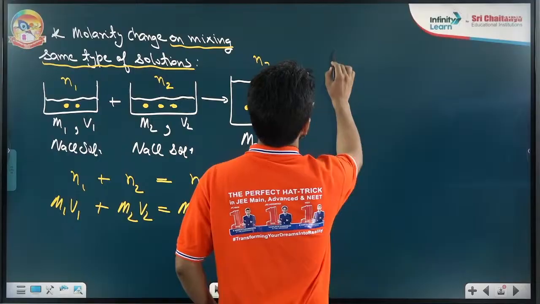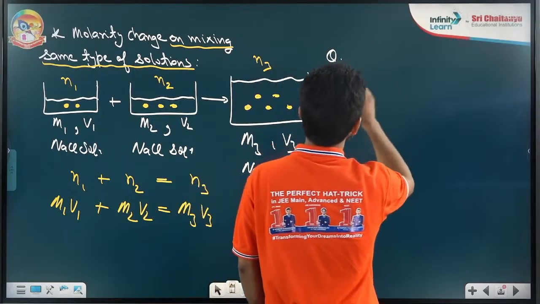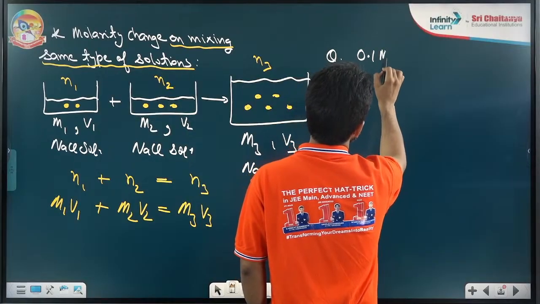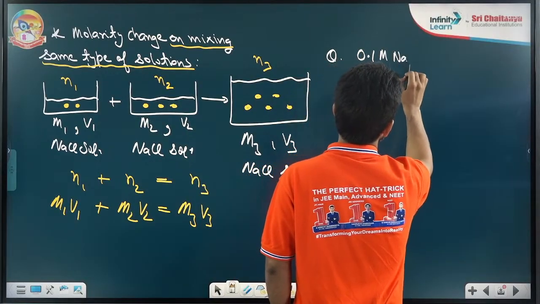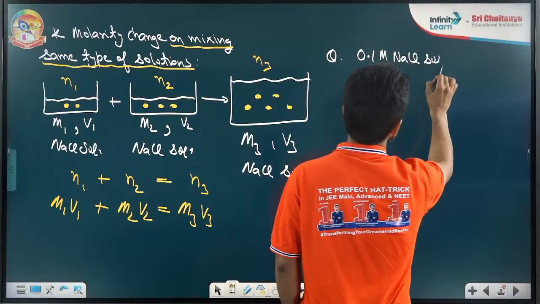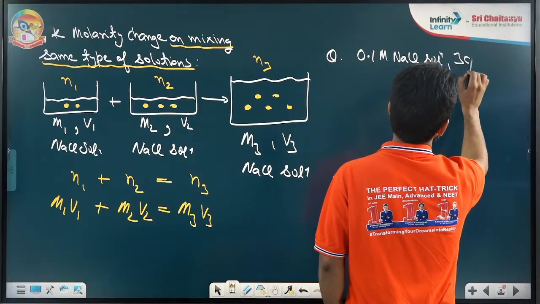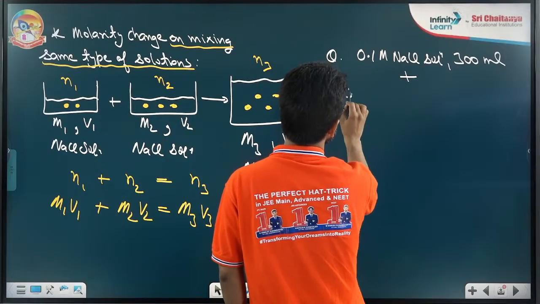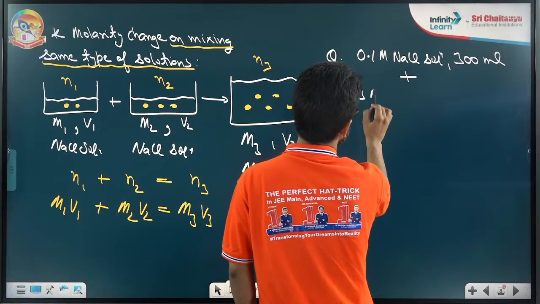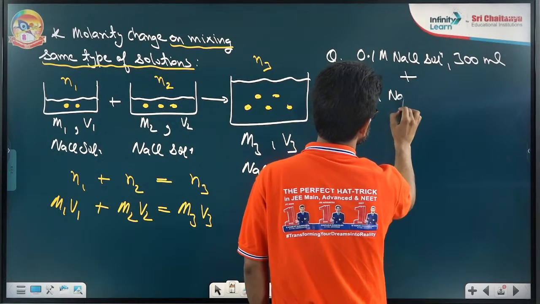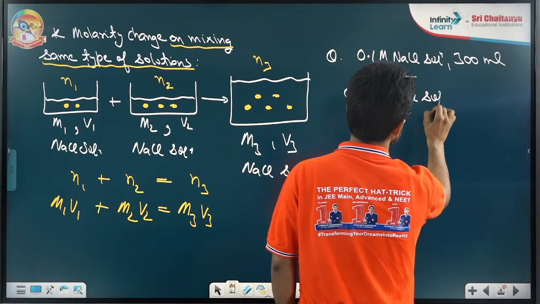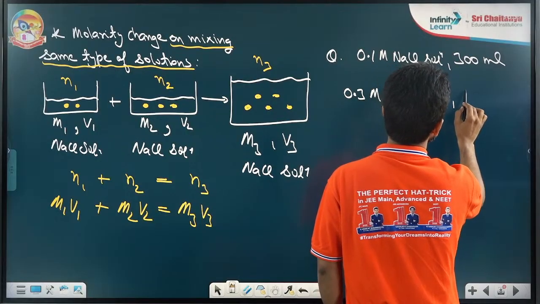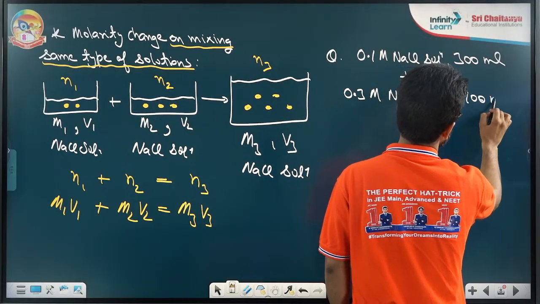Look at this. Very simple question again. We have a 0.1 molar NaCl solution, and its volume is 300 ml, and I am mixing it with a 0.3 molar NaCl solution, and the volume is 700 ml.